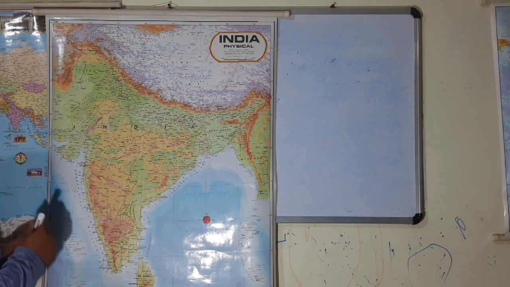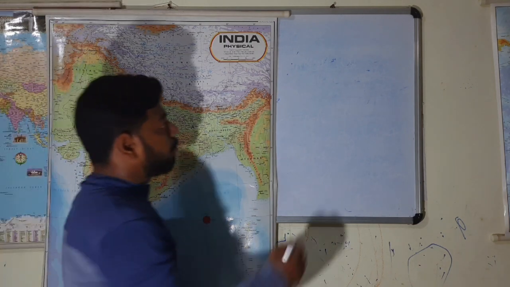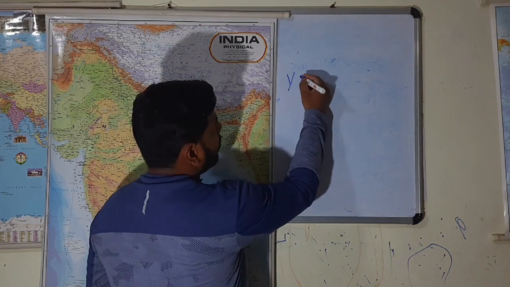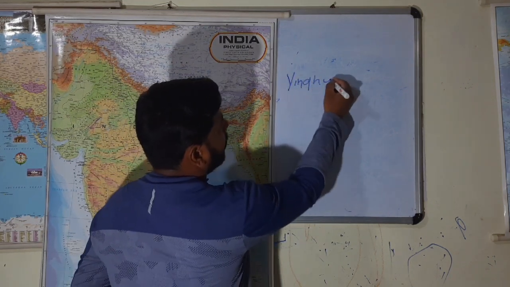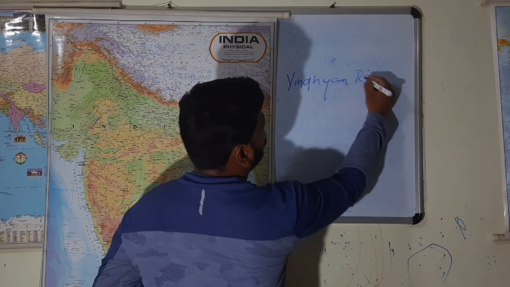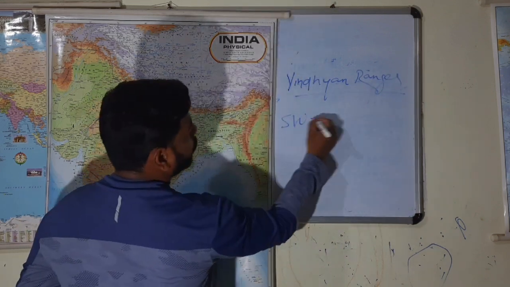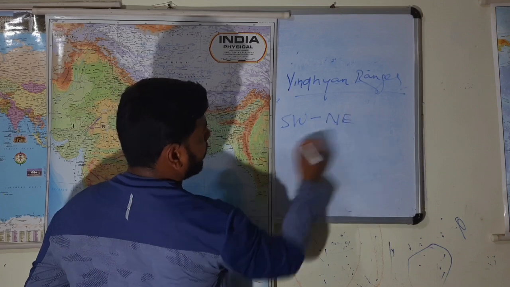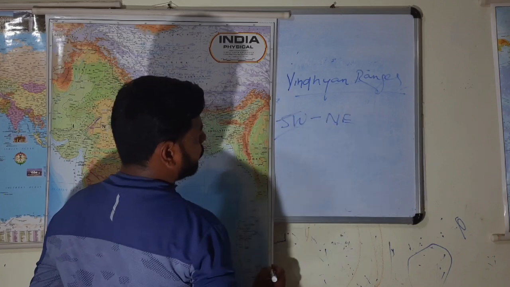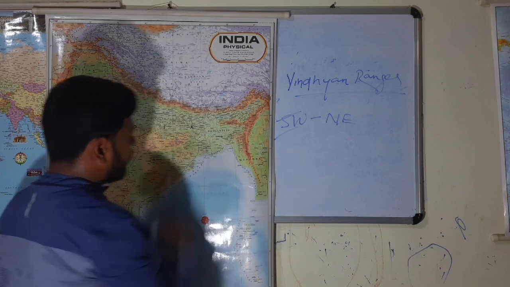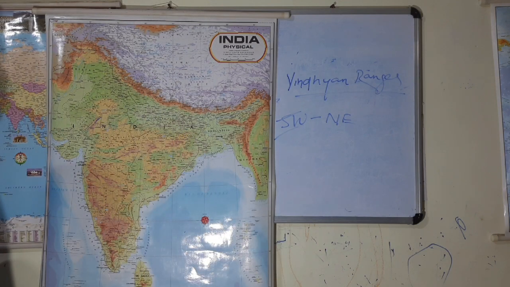The slope of the Vindhyan range is mainly from the southwest to northeast. Okay, so related to the Vindhyan range, what have we understood, guys? The slope is from southwest to northeast. Clear? Fine.